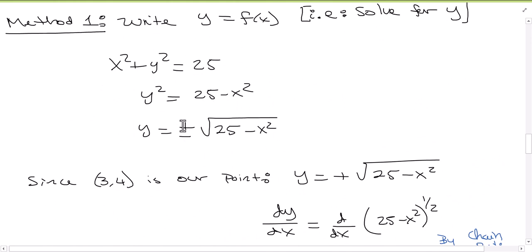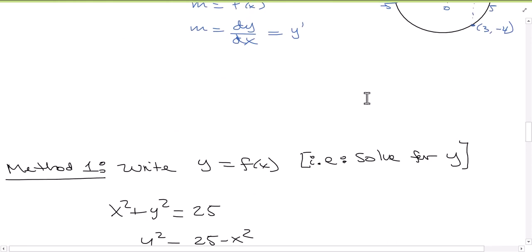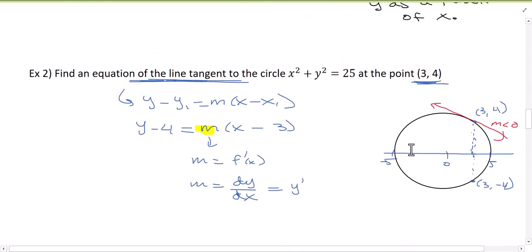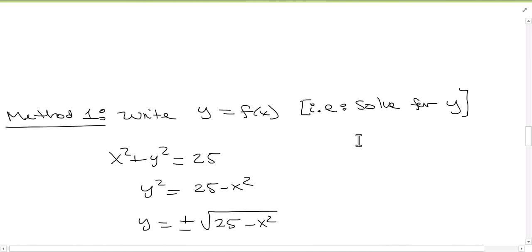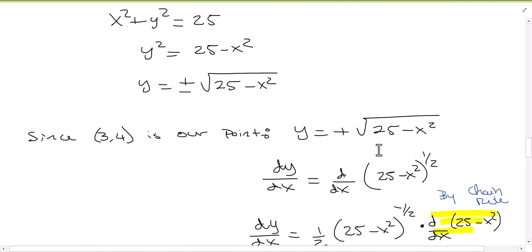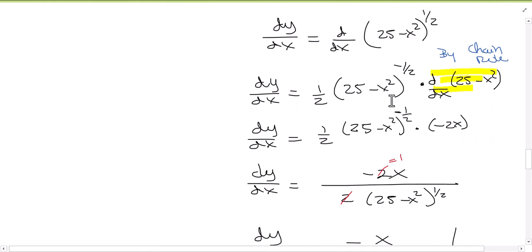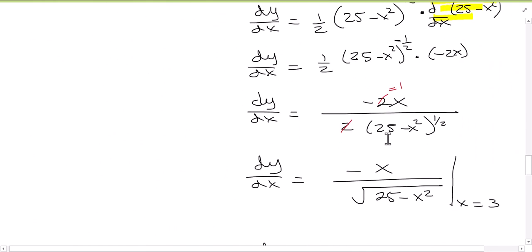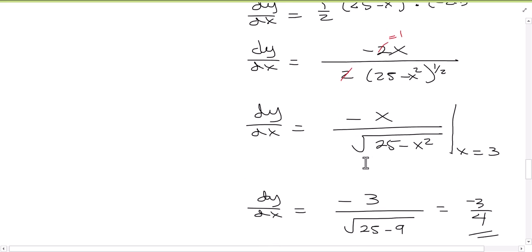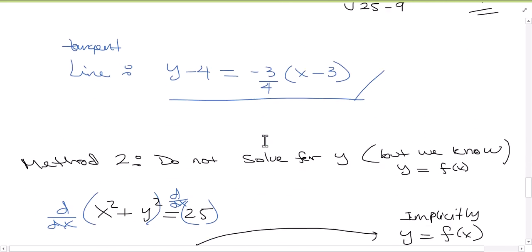When I take the square root of something, we get plus or minus. So which is the part that I need? I need to look at my point. Oh, I need the top half of the circle, so I only need the plus. And then do chain rule here and get this kind of ugly looking derivative, and then plug in the value and we get our derivative.